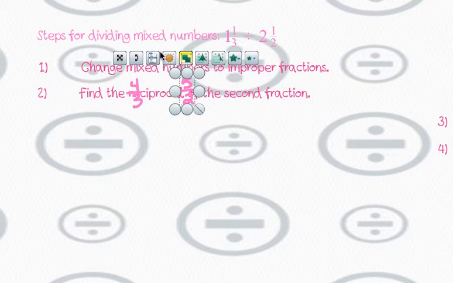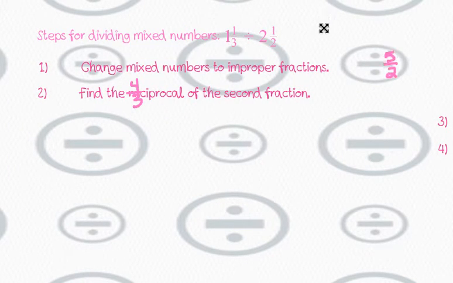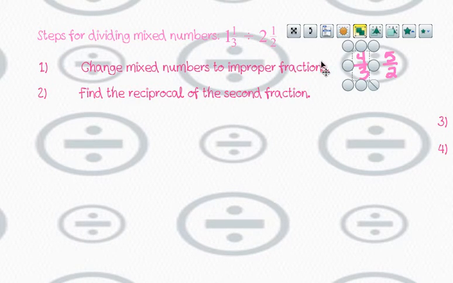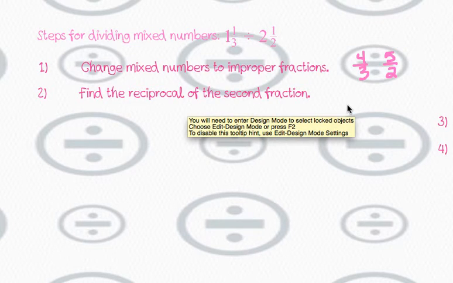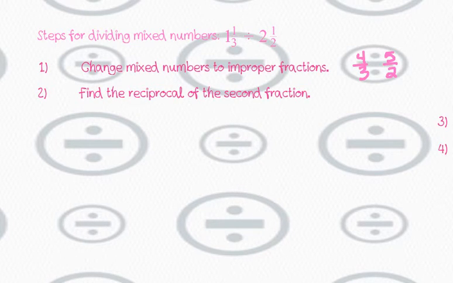It's the same idea. You still have to find the reciprocal of that divisor. Let me move these out of the way here. There we go. So now I have to find the reciprocal of the divisor, which in this case we know we have to use that improper fraction, so the reciprocal is 2/5.